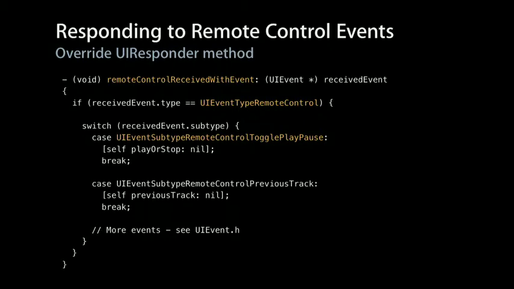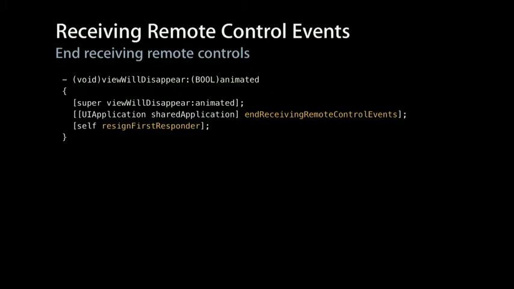You need to make sure that it is a remote control event and then look at the subtype to determine the exact event. If you implement nothing else, you should implement toggle play pause. This is the most common event. When your view goes away, you must be a good citizen by telling the application object that you no longer want remote control events and resigning first responder.